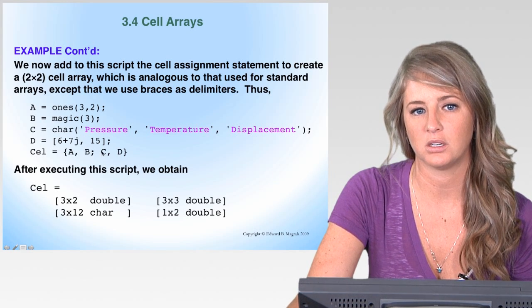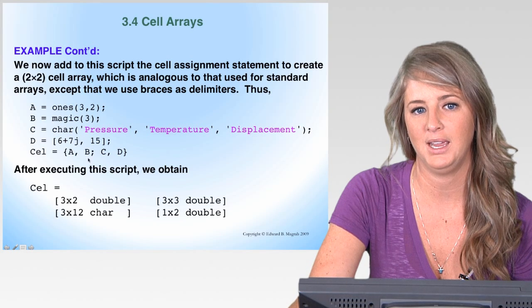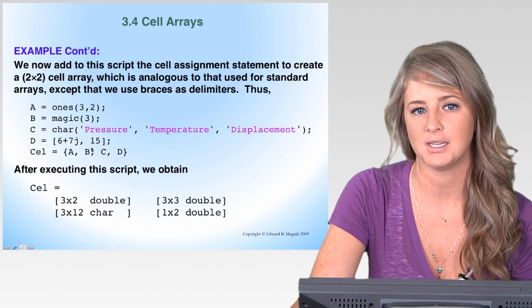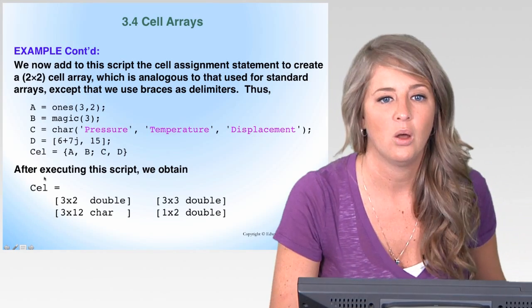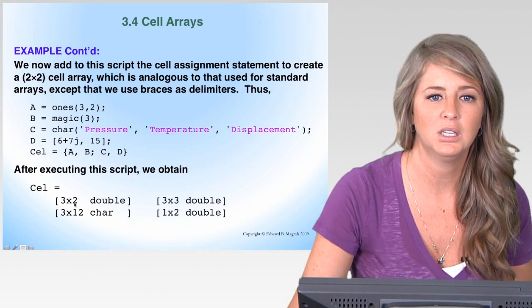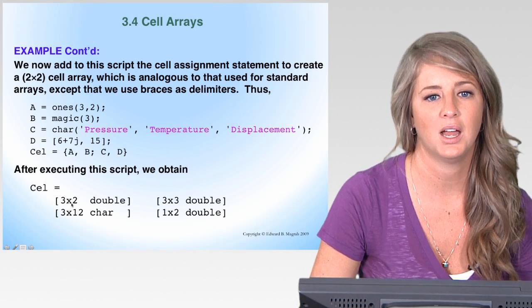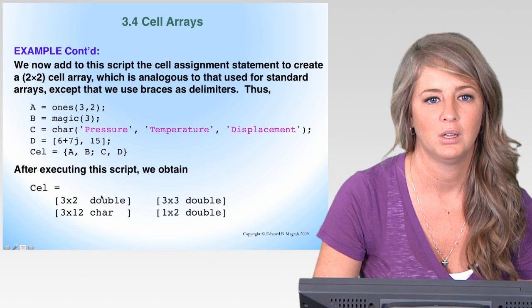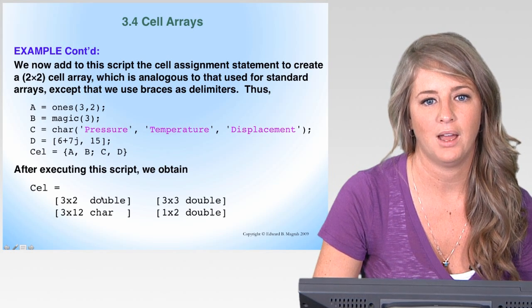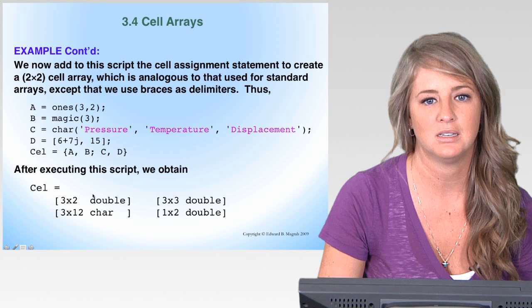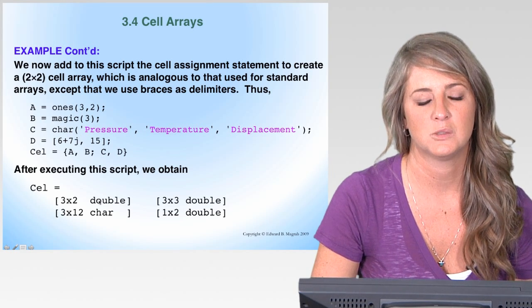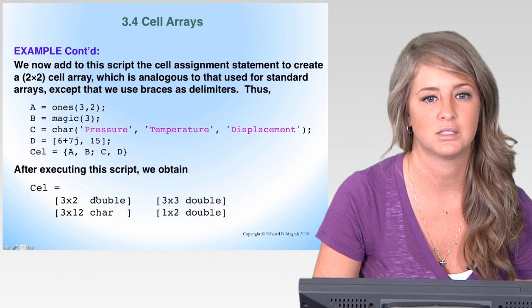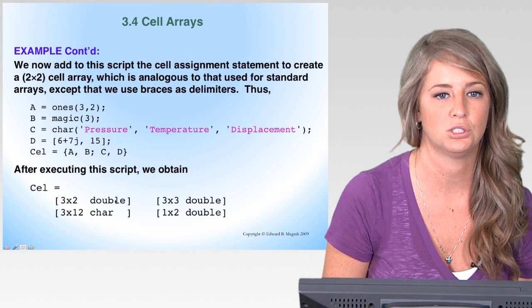And then notice the curly braces here is A, B, C, D. Semicolon was used to create the 2x2 matrix. So now cell, when you execute it, is telling you the size and the type. So this, we have our A, B, C, and D. So you can see these are our 4 different matrices here. But again, it doesn't tell us the specific values. It just tells us the size and the type for each of the matrices.